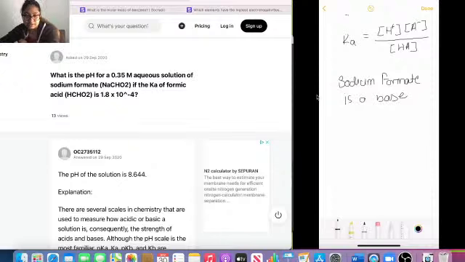Okay, and so your Kb, we can write, is basically the concentration of your OH ions times the concentration of your cation from the base, and your reactant going in the denominator, right? So this is basically the ratio.